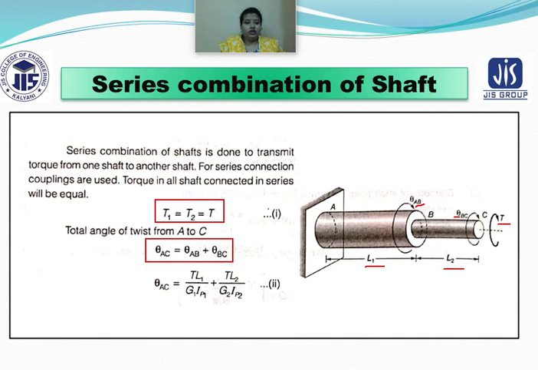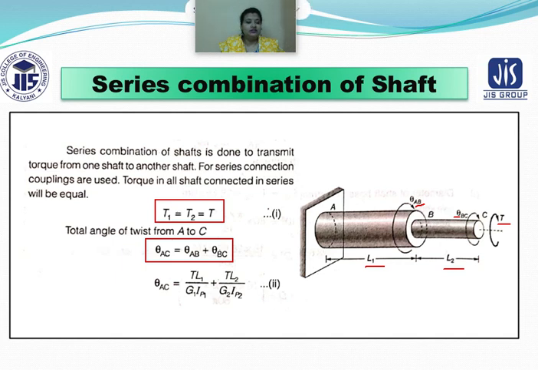Now, if you want to derive this equation in detail, what is the angle of twist for AB? That is equal to torque into length of AB by modulus of rigidity G1 into polar moment of inertia, that is IP1.